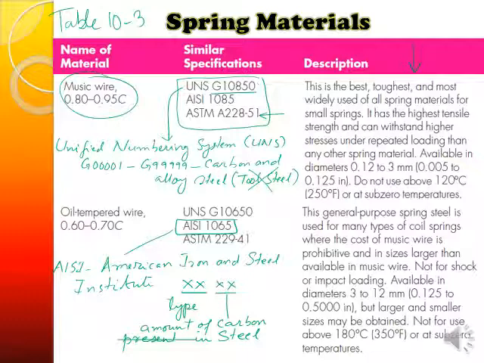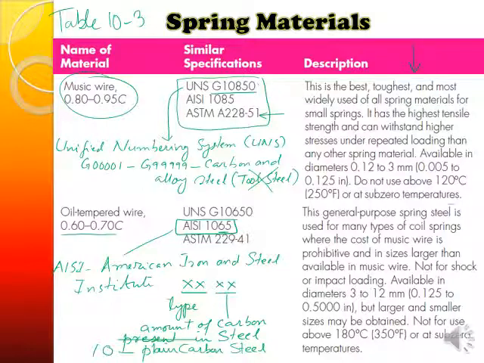So 10 belongs to one type, which is plain carbon steel. And this 65 that you see, this is the percent of the carbon which is present, and you can see over here it is between 0.60 to 0.70%.